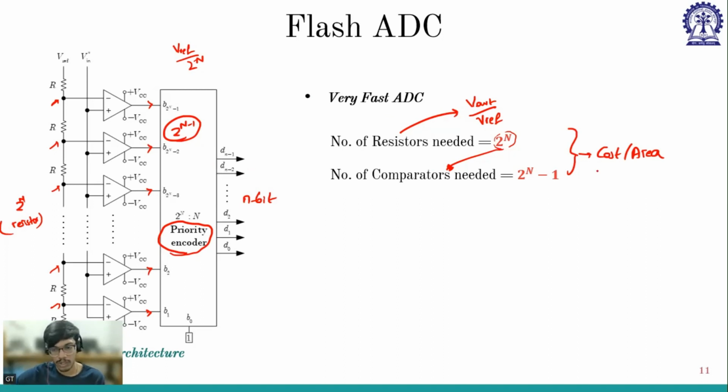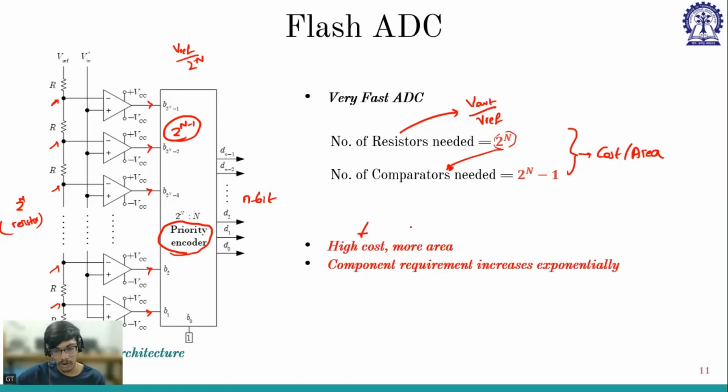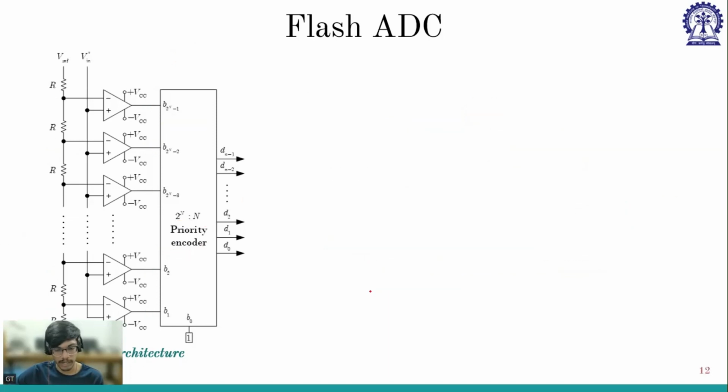Yes. So this will significantly increase the cost as well as area. It will be very high cost and also more area. And if n is increasing, then the cost will increase exponentially because it is proportional to 2 to the power n. So the component requirement also increases exponentially, and this is the drawback. It is super fast, but the number of components as well as the cost will be very high.